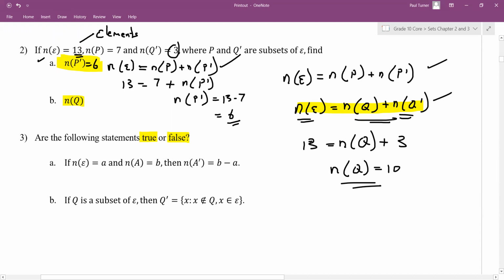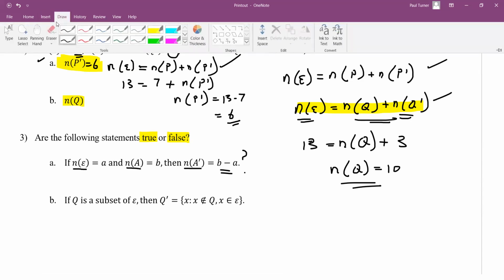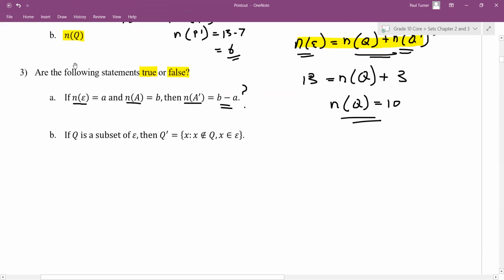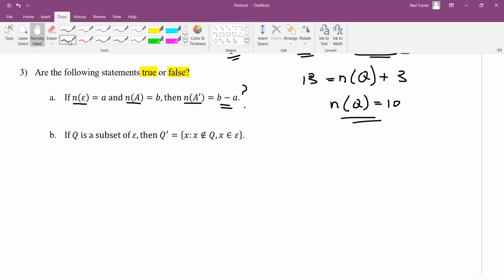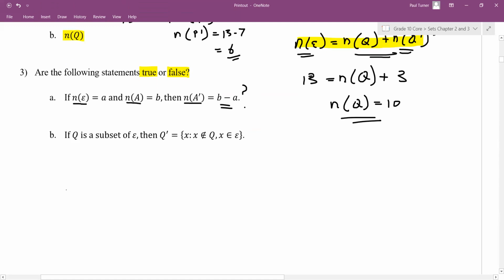Now for this one here, okay, you've got the number in the universe, number in A, number not in A. I want to know if this is true or false. So what you're doing, you're checking this bit here, if this is going to be true or false. So I'll scroll up a bit. So again, you can write your equation out. The number in the universe is the number in A plus the number that is not in A, the number of elements.